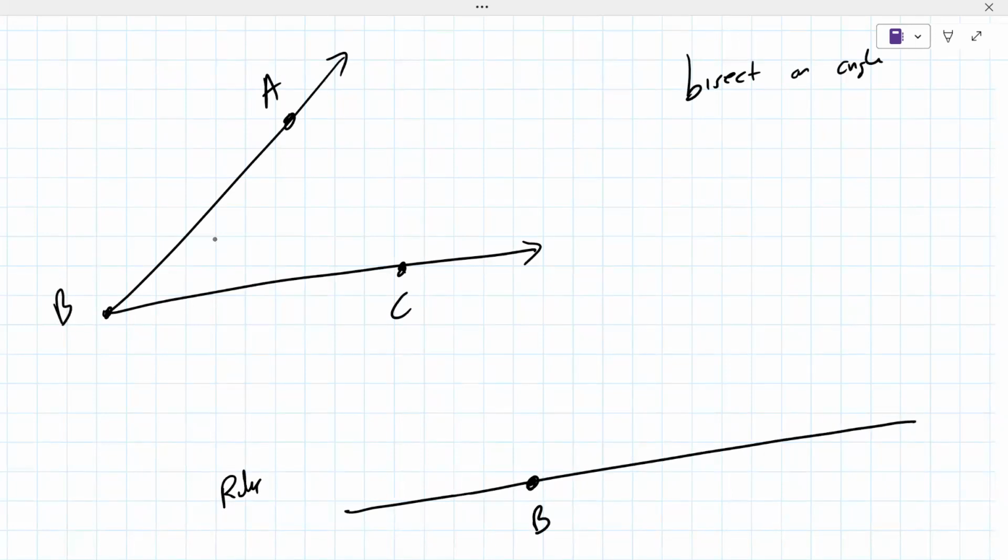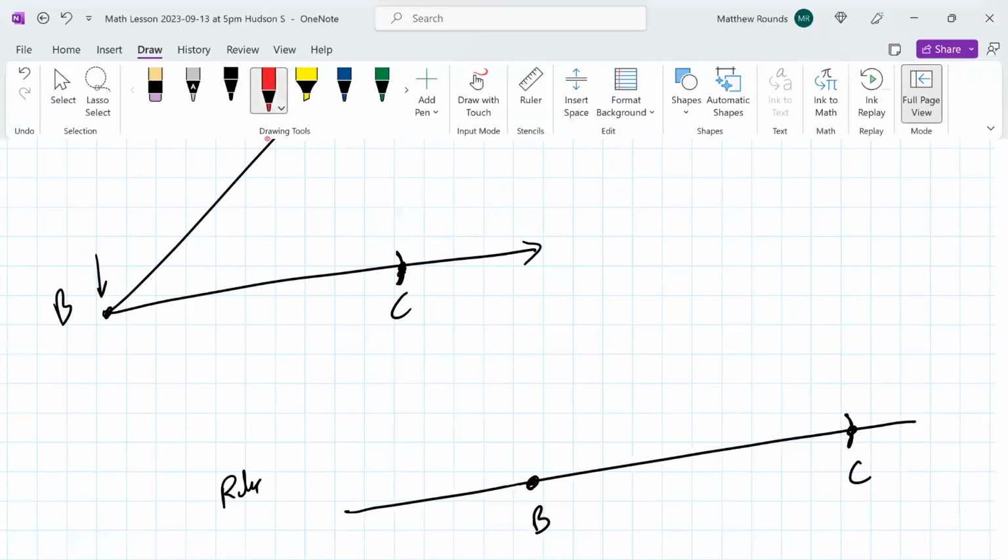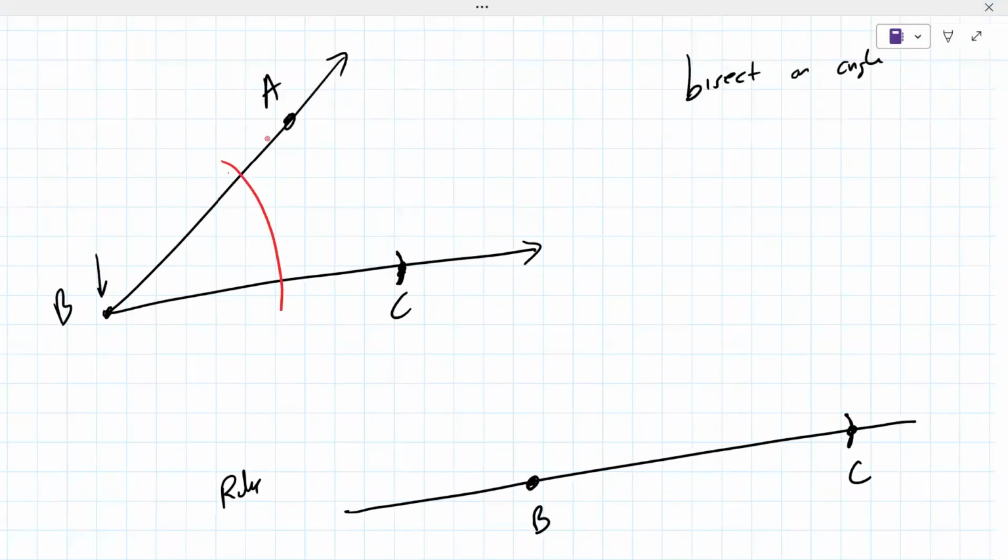And then you stick your compass pointing in there and you swing an arc here at C. And so you get, all right, I got C. Now, the next thing you do is you swing an arc that hits both of these. Okay.